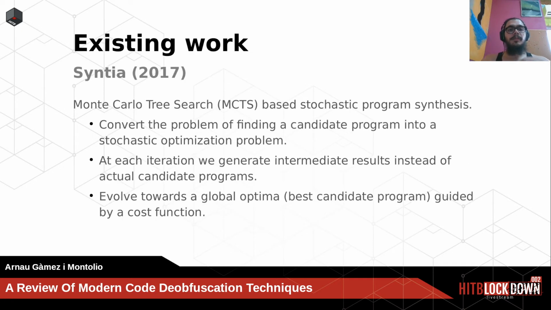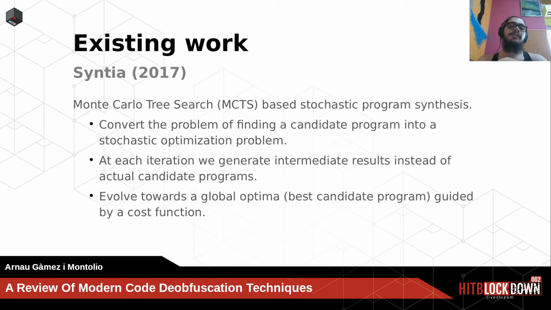So what is the existing work in this kind of program synthesis approaches towards code deobfuscation? In the first place, I would like to mention Syntia, which is from 2017, that uses a Monte Carlo tree search-based stochastic program synthesis approach, in which essentially we convert the problem of finding a candidate program into a stochastic optimization problem.